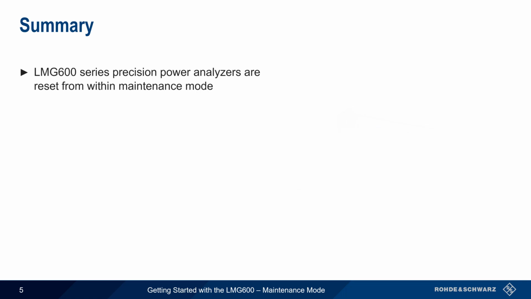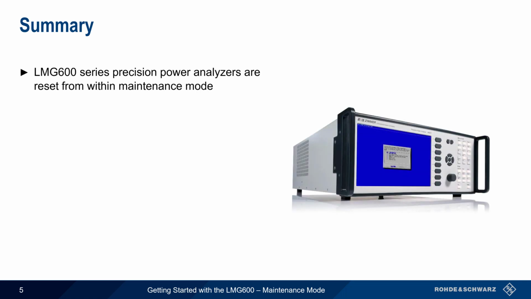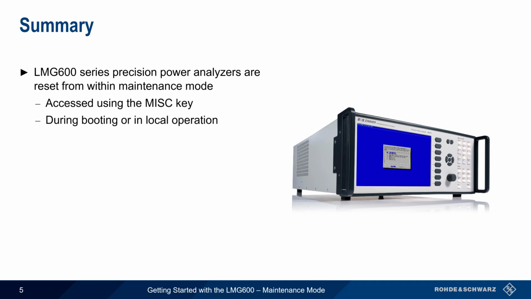Let's end with a brief summary. LMG600 series precision power analyzers are reset from within maintenance mode. This mode is accessed using the MIS key, either holding it down during booting or by selecting maintenance mode from the MIS menu in local operation. Resetting the LMG is the most common use of maintenance mode.